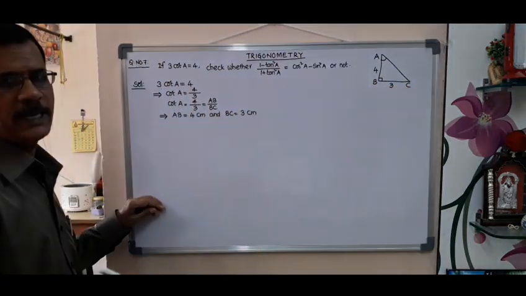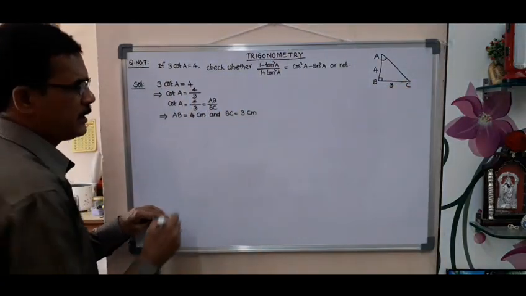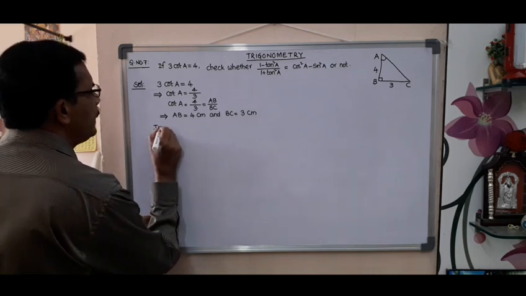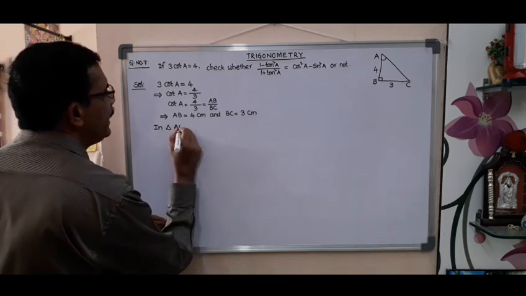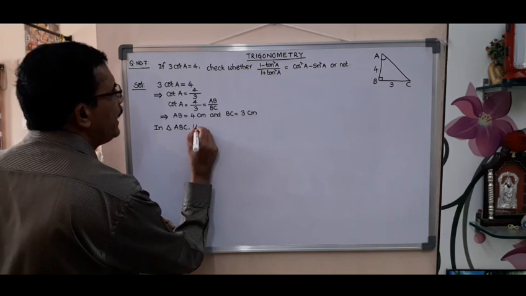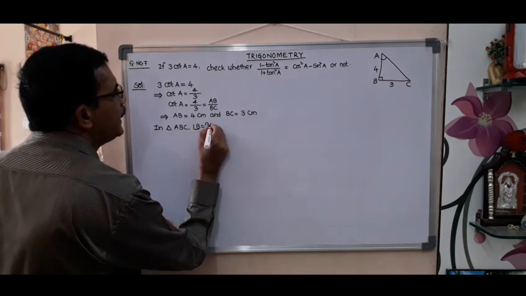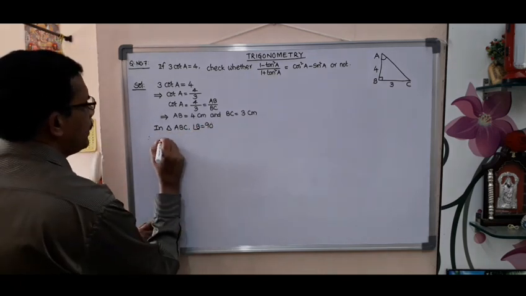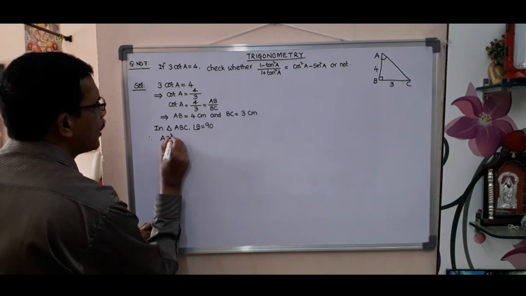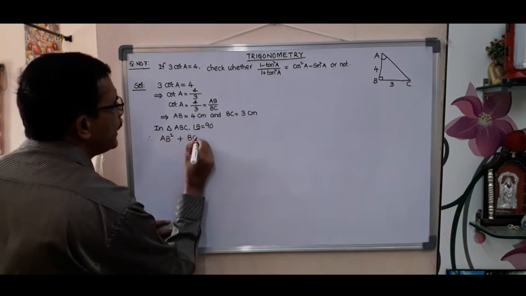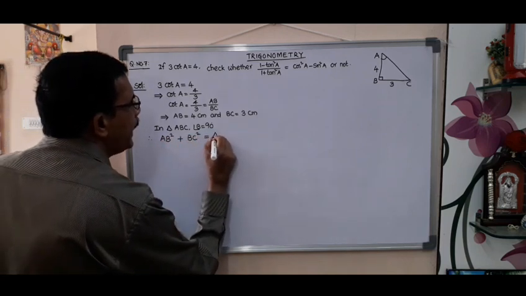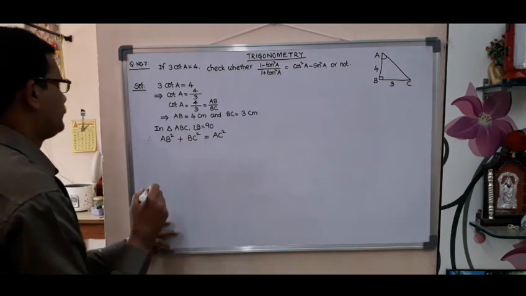So finding AC using Pythagoras theorem. In triangle ABC, angle B is equal to 90 degrees. Therefore, AB square plus BC square is equal to AC square.